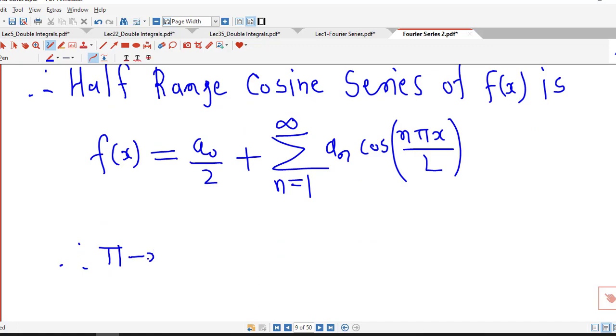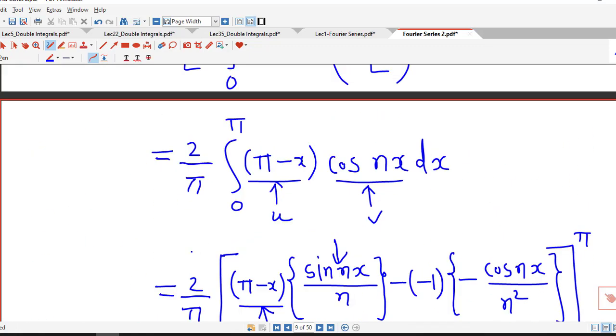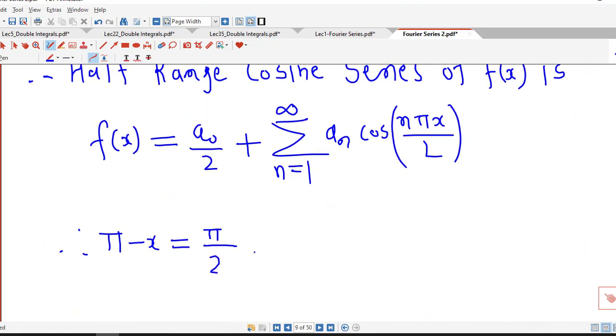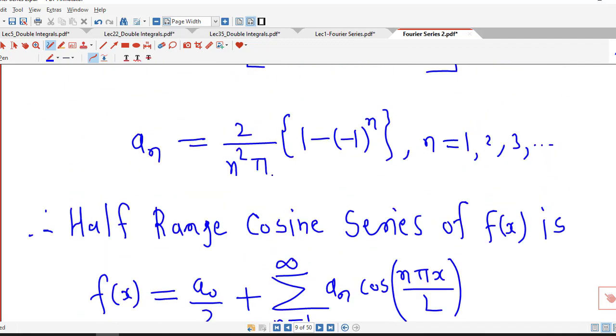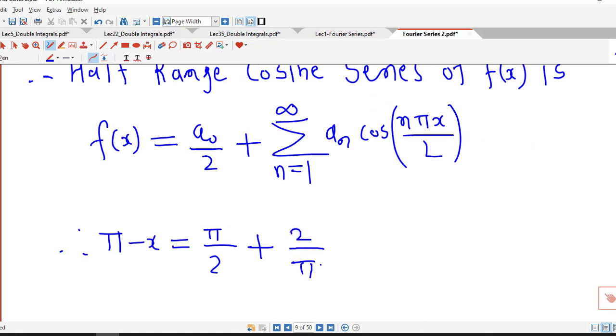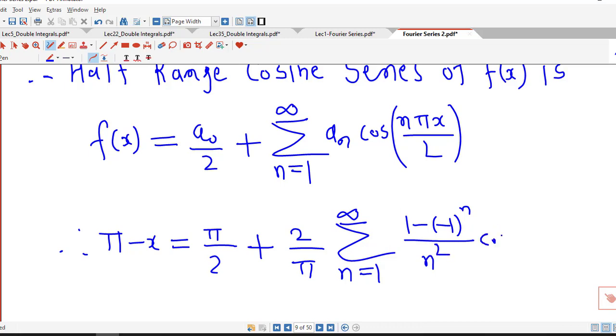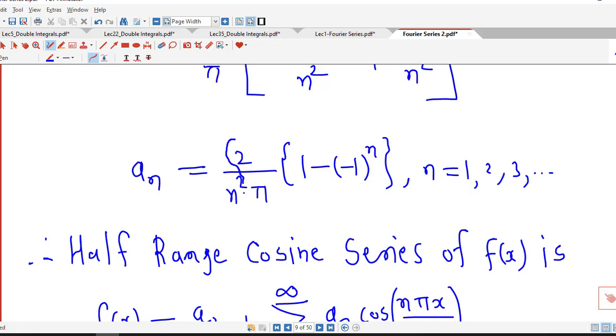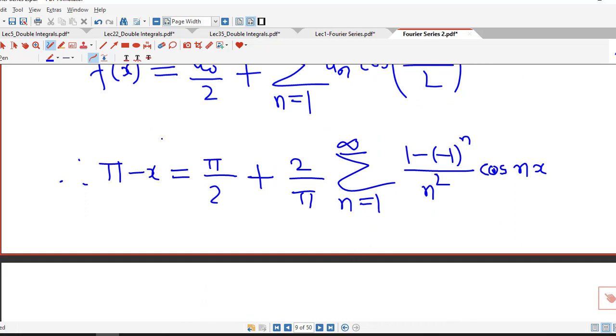So therefore pi minus x equal to, the value of the Fourier coefficient a0 is pi, so we have pi by 2 plus, an is 2 upon n square pi, so we can take 2 upon pi outside the summation, it is independent of n, and here sigma n equal to 1 to infinity of (1 minus (minus 1) raised to n) divided by n square, and L is pi, so here we have cos nx.